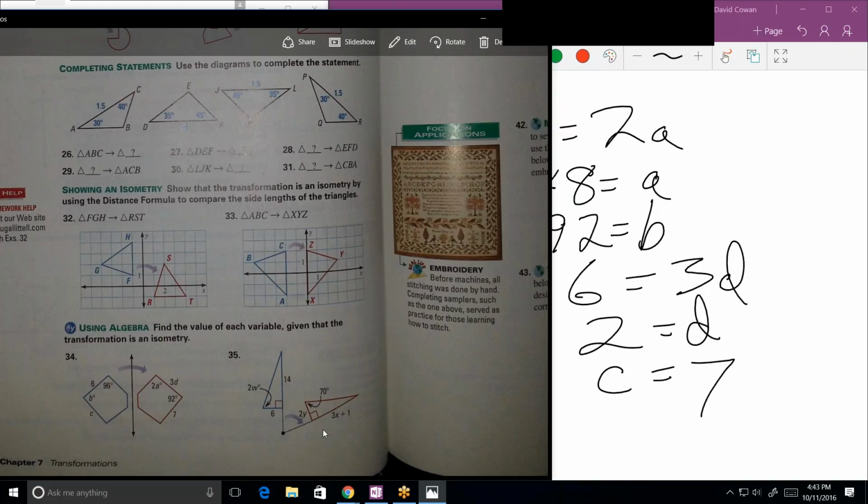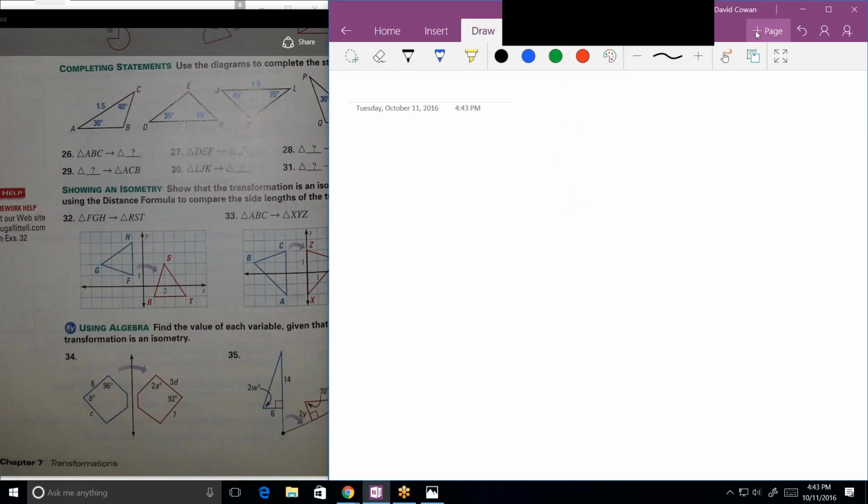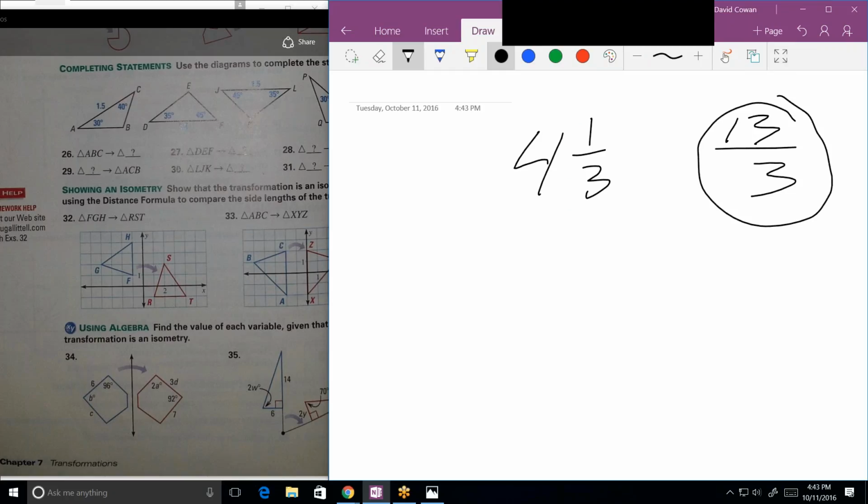Actually, leave it as a ratio. It's something I'm trying to tell people. In early math, they act like 4 1/3 is superior to 13/3. But in later math, ratios are what it's all about. When you get to trig, you would never use 4 1/3. You would always use 13/3. So mixed numbers are not prevalent in trig. Correct.